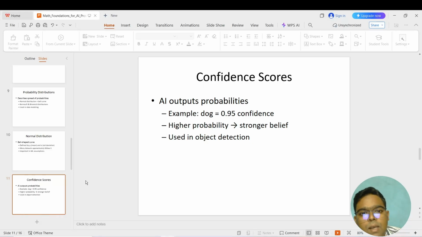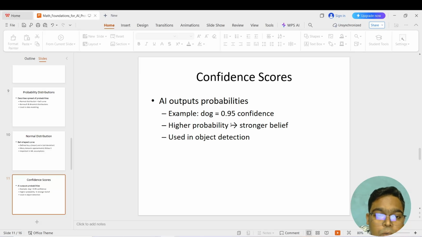And confidence score is basically what I mentioned before, in object detection or in a classification problem. If I give a dog and cat image and train on it, and then I show it a dog image, it will answer with a confidence level.